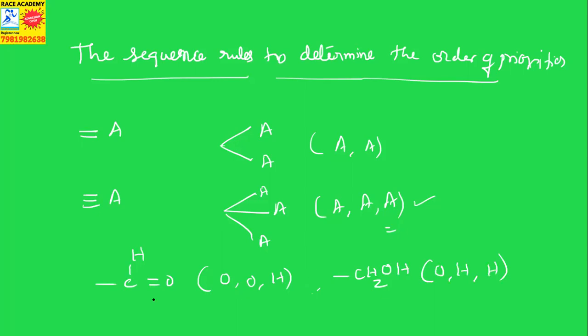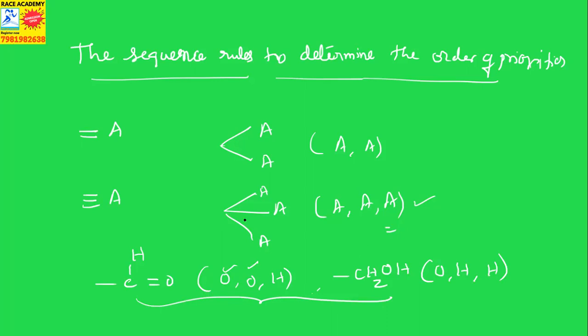So in these two things we'll give priority to the first one because there are two oxygens in this list. So a double bond oxygen is considered as two oxygens. So three atoms we will write. The three atoms O, O, H we will write. Here we will write this one as the second one, primary alcohol is O, H, H.